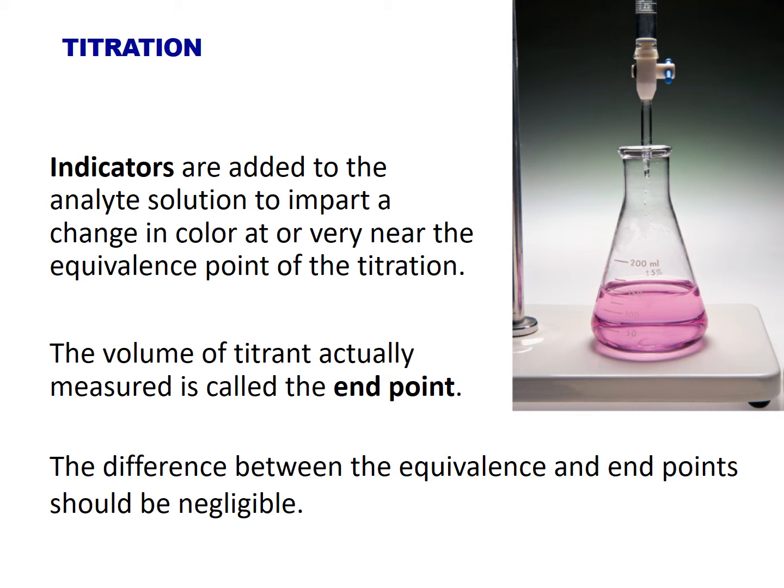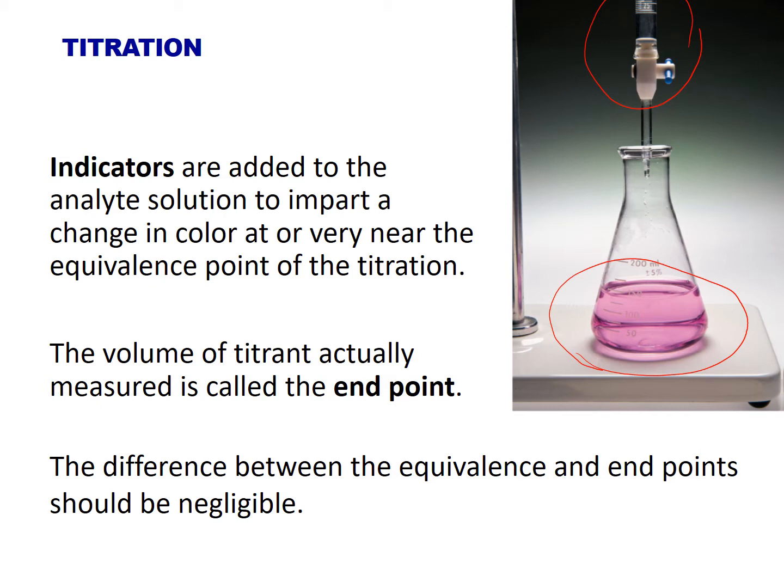When the color changes in the Erlenmeyer flask that contained the acid and the indicator at first, because enough base was added, that's what we call the endpoint. Now the endpoint will greatly depend on the type of indicator that is used, because some indicators are going to change their color in the acidic range, some in the basic range.